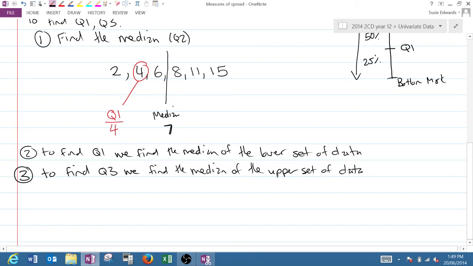So this time we're looking at 8, 11, 15. What's the median of 8, 11 and 15? 11. So Q3 equals 11.